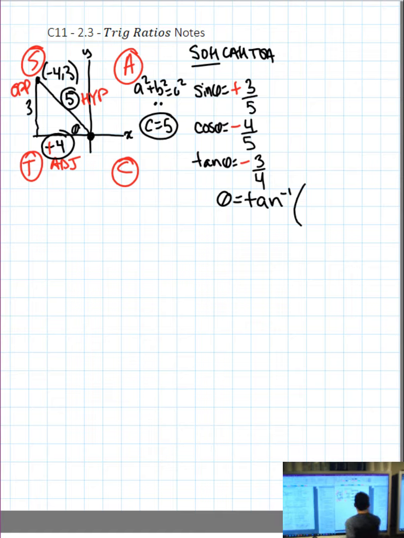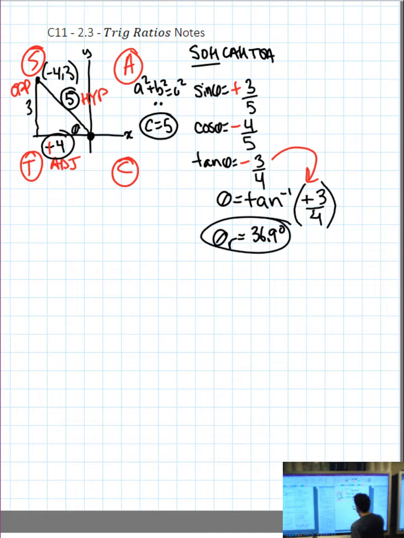But we inverse the positive value, 3/4. Always the positive. Even if this is negative, we do the positive. We do that so we always get the reference angle. So theta r equals, type into your calculator, second tan 3/4 positive, even though the fraction is negative. And we get 36.9 degrees.